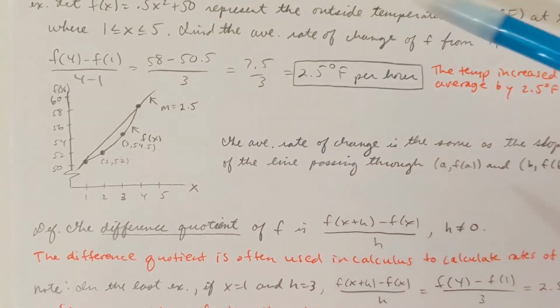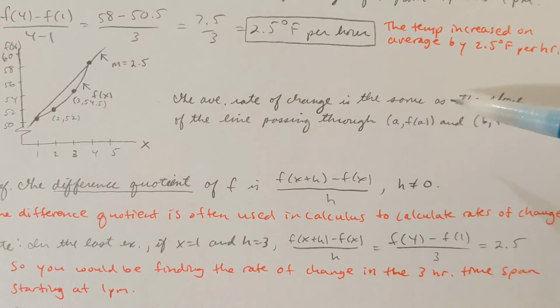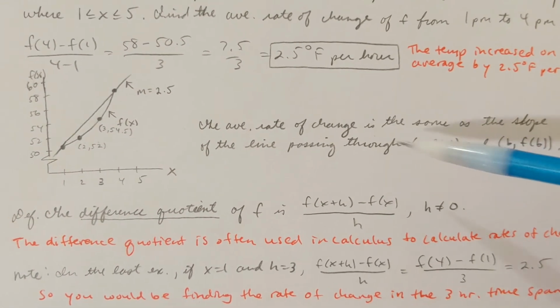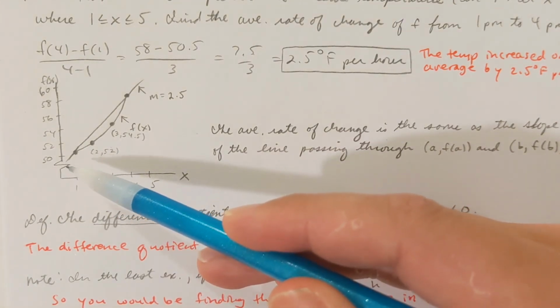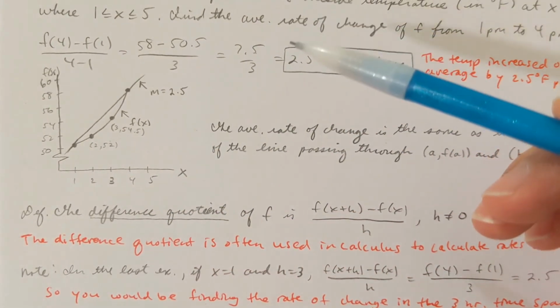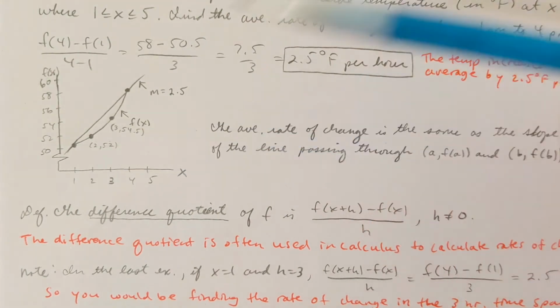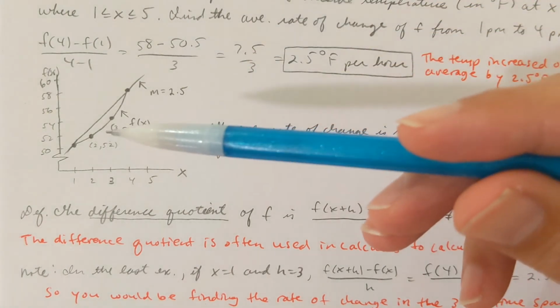So the average rate of change is the same as the slope of a line passing through a, f of a and b, f of b. Now you'll notice this break in the graph here. You can include that if you want, or not if you don't want to. But usually that's going to be part of the graph if you're not including 0 as the start point there.